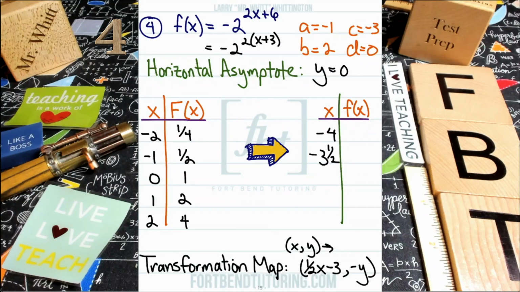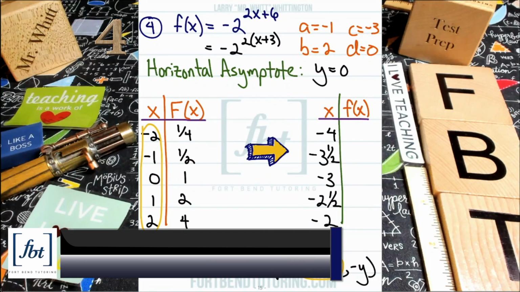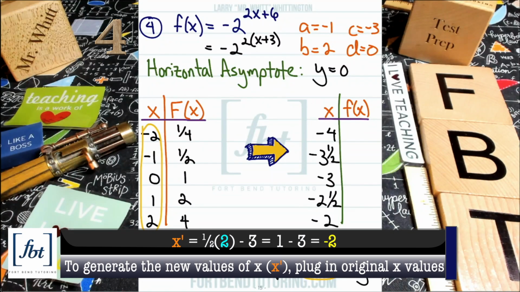All right, so what I'm doing here is I'm taking these original x values and plugging them into this expression right here in my transformation map. All right, so after plugging the next one in, you'll end up with -3, then you'll have -2.5, then you'll also have -2 as the 5th x value after you plugged in 2, took half of that value to get 1, and then subtracted 3 to get -2.